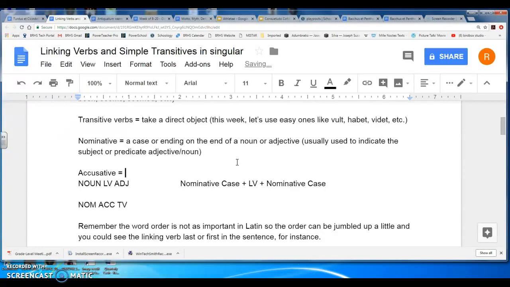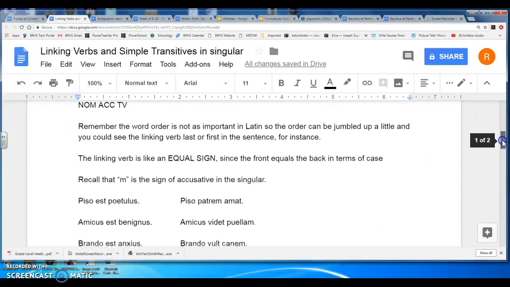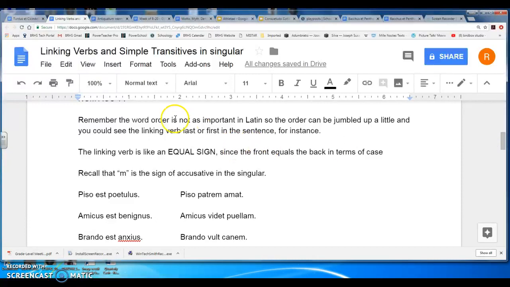The accusative is a case or ending that is the object of the verb. It can also be used with prepositions, as we know, like ad portam, and whatever else. There are many other uses of the accusative case, but this week it comes after a transitive verb. Recall too that word order in Latin is much less important.